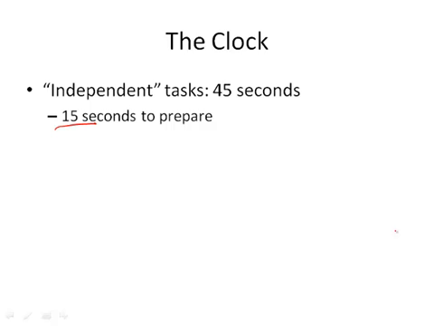That might seem kind of crazy. 15 seconds? What can you do in 15 seconds? It's barely enough time to pick up your pencil, write down a word, one word, and put your pencil back down. It's very, very short. But don't panic. Don't be scared by this.